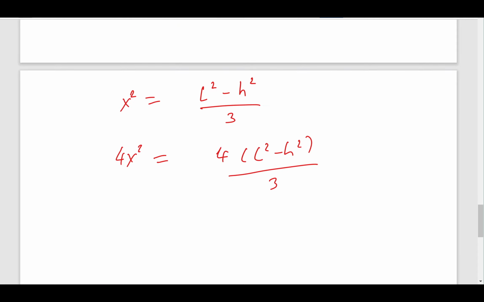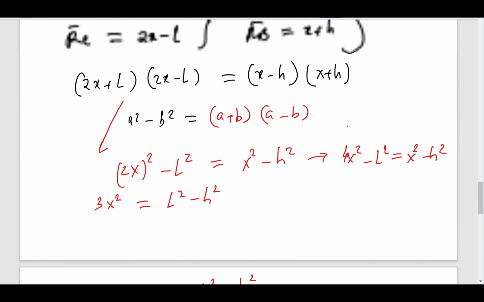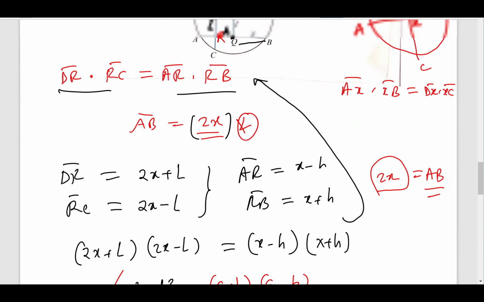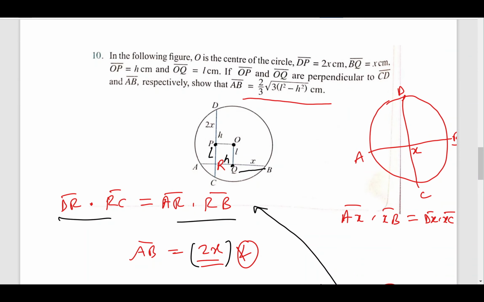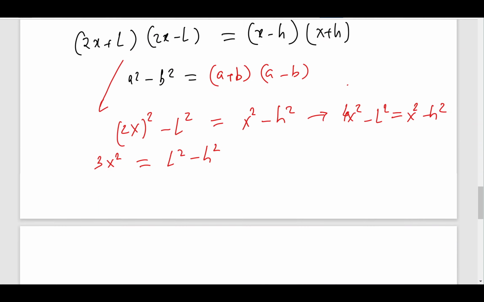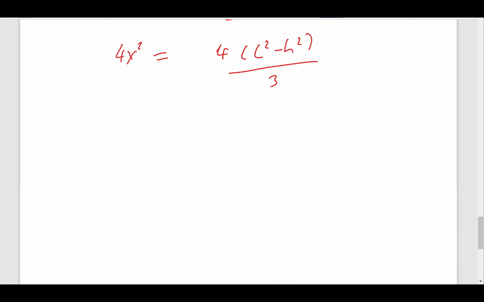Then from here I'm trying now to compare actually the value we were given in the equation. You have 2 over 3. So I'm going to manipulate the equation so that eventually I'll be getting 2 over 3 out of the square root.